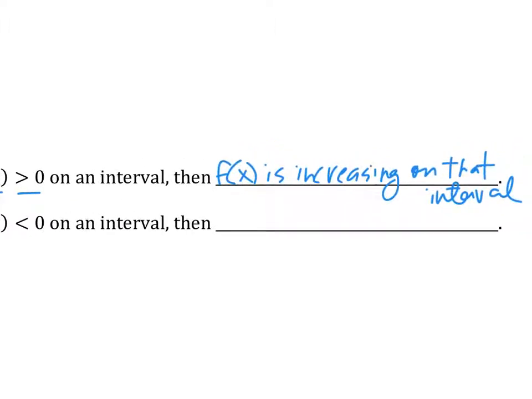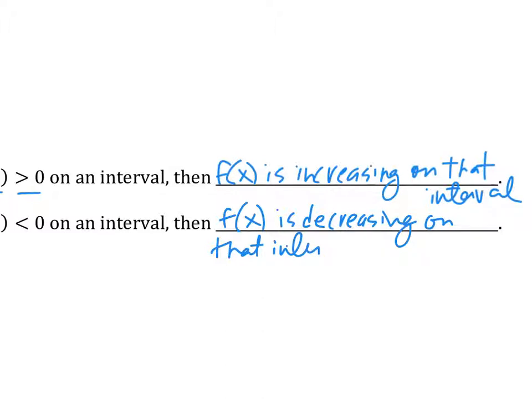If f prime of x is less than 0 on the interval, then f of x is decreasing on that interval. Okay, you use the derivative to check if it's positive or negative to see if it's increasing or decreasing. Okay, let's look at something more closely.